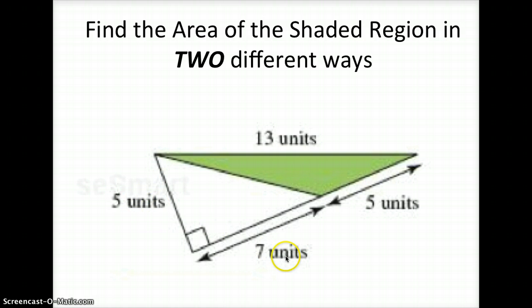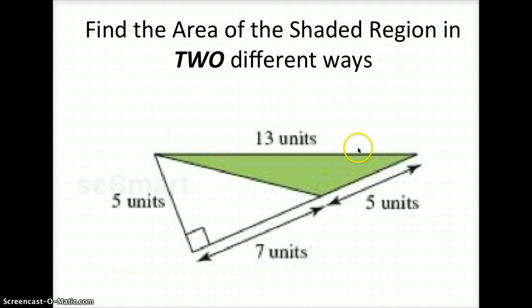So base times height would give us 60, divided by 2 would give us 30. We would then have to take that 30 and subtract out this area here, which is 7 times 5 divided by 2, and that would give us an answer.